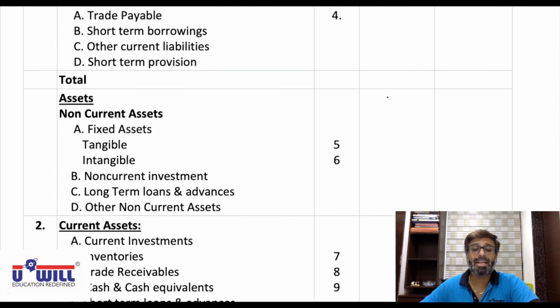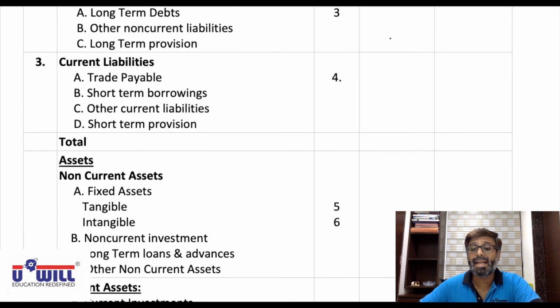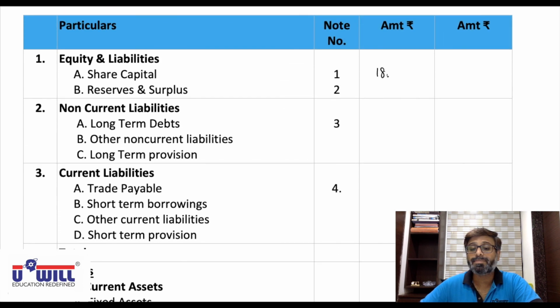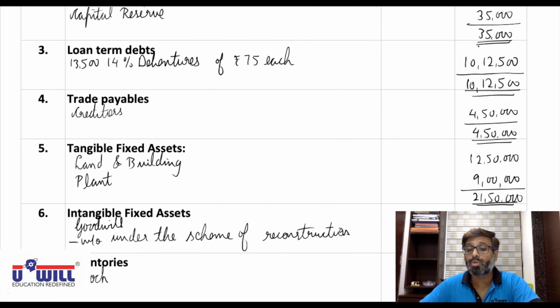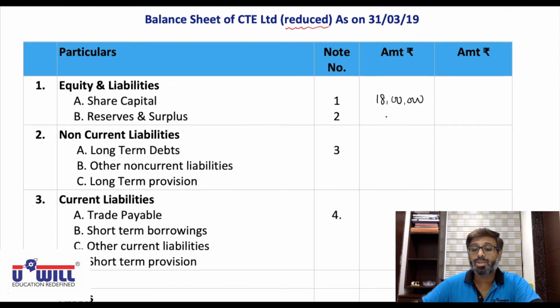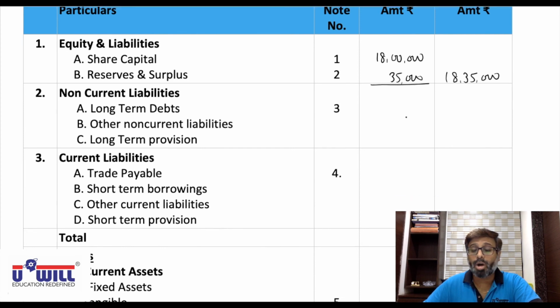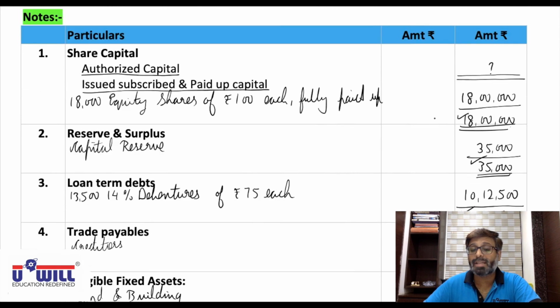Now balance sheet format is already done. Fill in the blanks we have to do. Share capital from note 1, 18 lakhs. Reserves and surplus from note 2 we have 35,000. So shareholders funds 18,35,000. Long term debts in note 3 10,12,500.